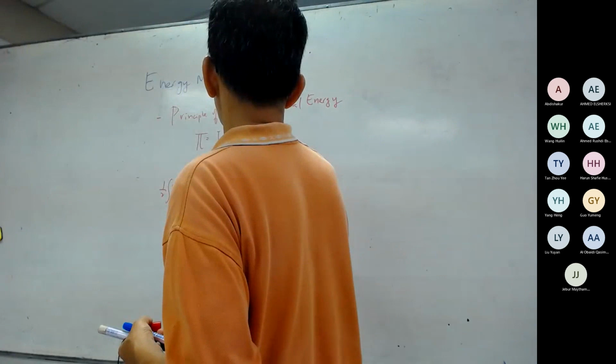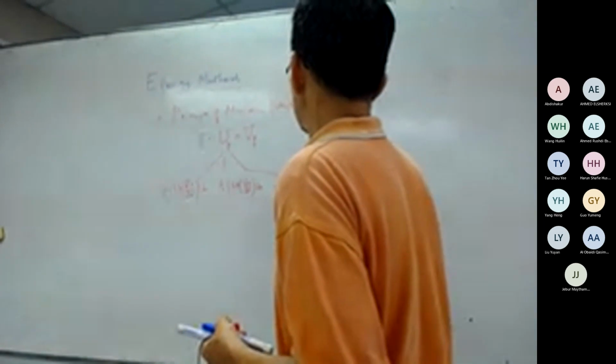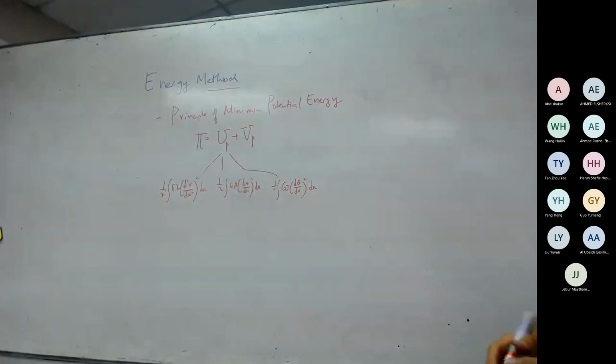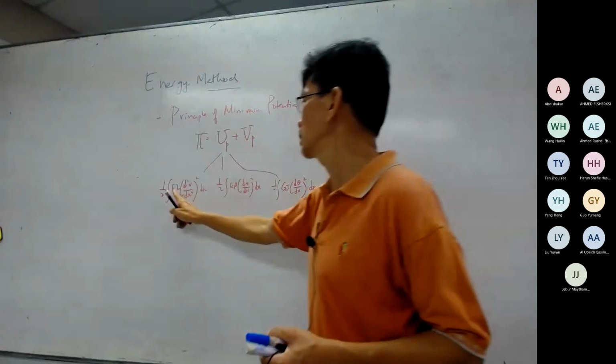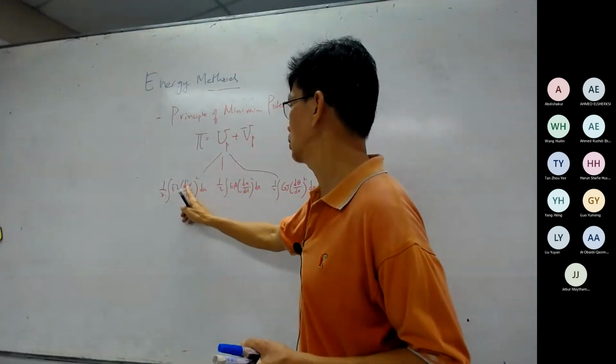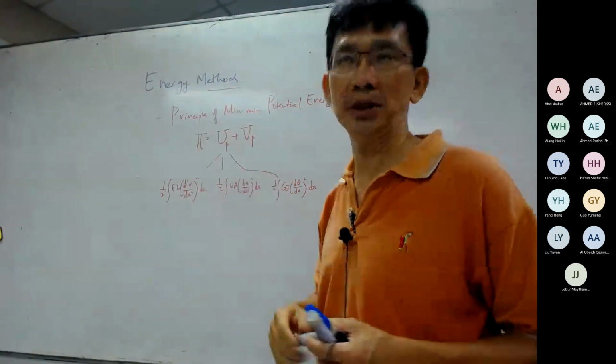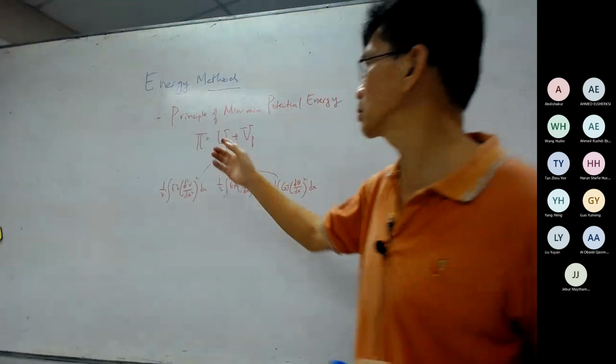And if you have a twisting problem, then half GJ (d theta/dx) squared dx. So these have a similar form: EI d2v/dx2, EA du/dx, and then d theta/dx. These basic equations are the things that we need when we want to solve this.